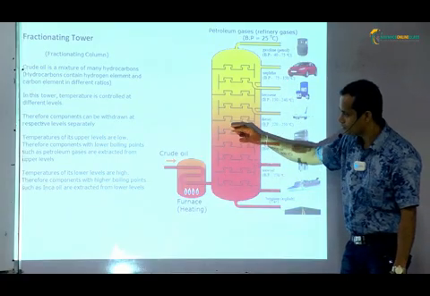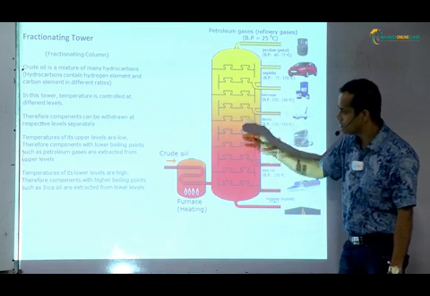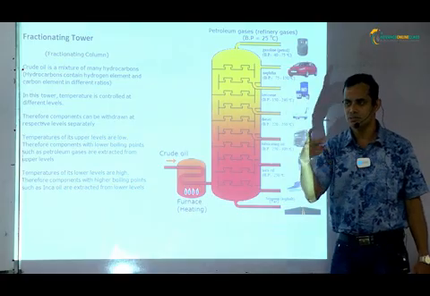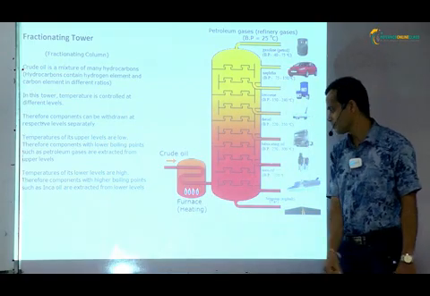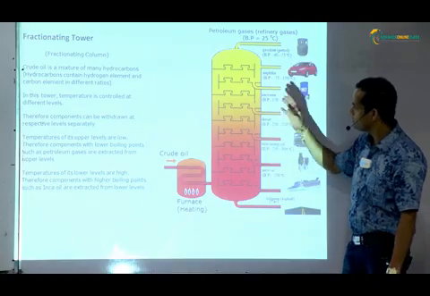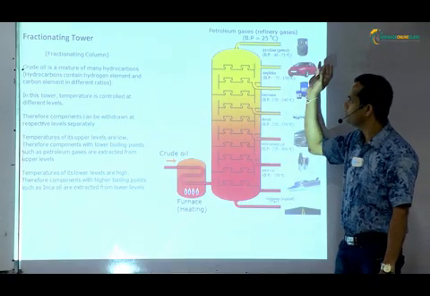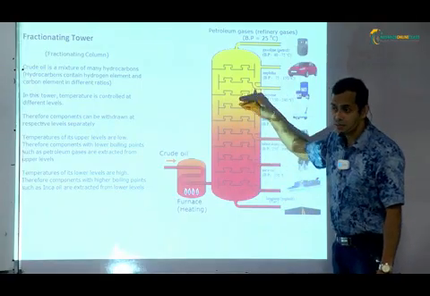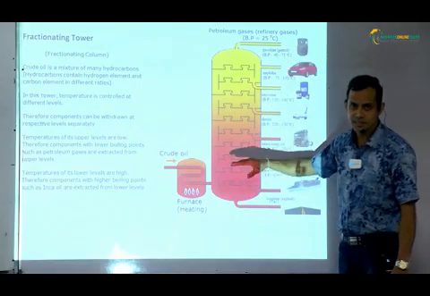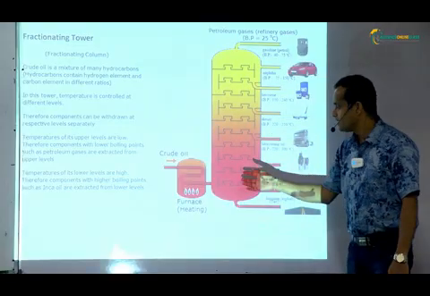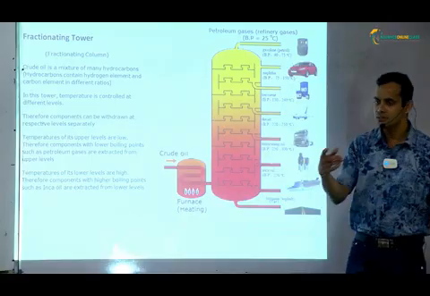While going up, as the temperature decreases, one by one gas turns to liquid and comes out. Inca oil comes out, lubricating oil, diesel, kerosene, naphtha, petrol, finally LP gas. So we are maintaining and controlling what here? Temperatures. When we control temperatures, the gas mixture turns into liquid state.